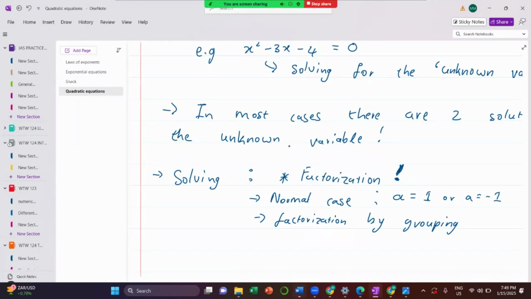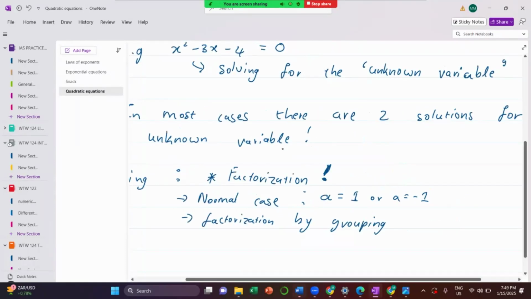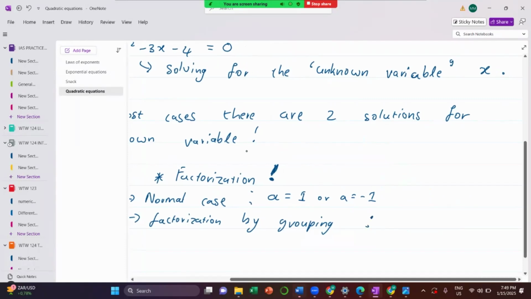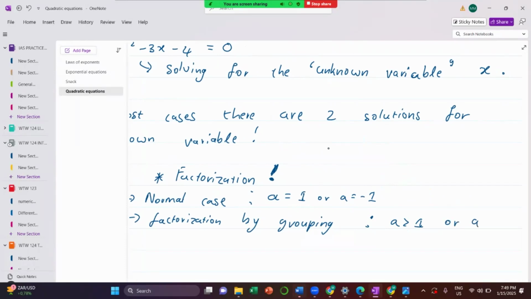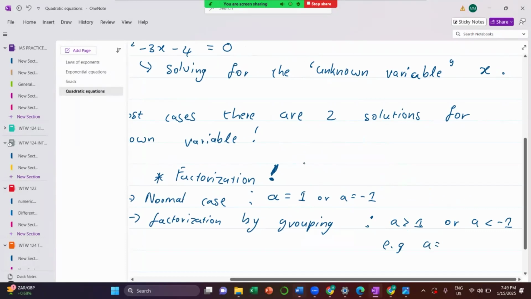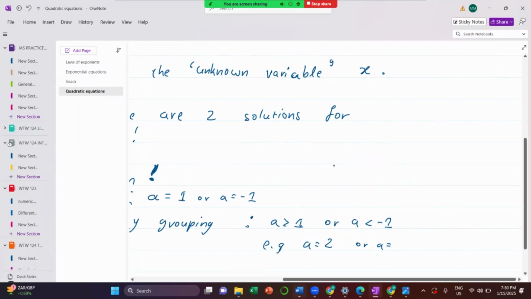Factorization by grouping can just be used when a is greater than 1 or a is less than -1. That's whereby your a is equal to something like 2 or a can be equal to something like -3.